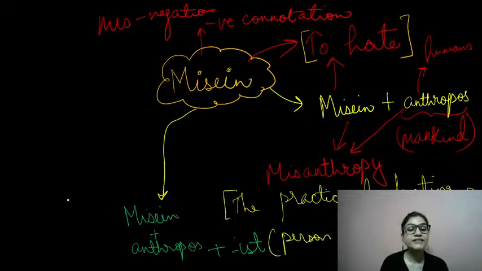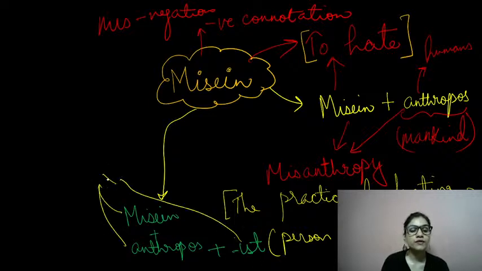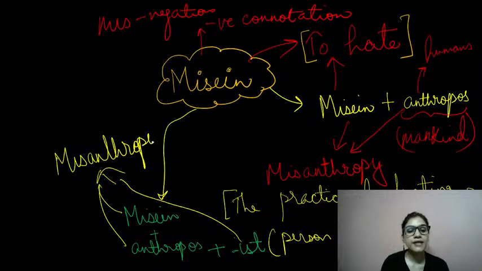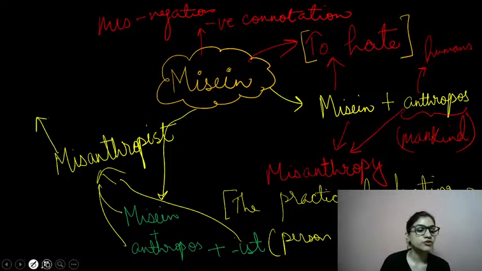So what would this combination lead to? What would this refer to? This is one word I get as misanthropist. Misanthropist, right? So who is a misanthropist? A person who hates mankind, right? So this will be nothing but a person who hates mankind.